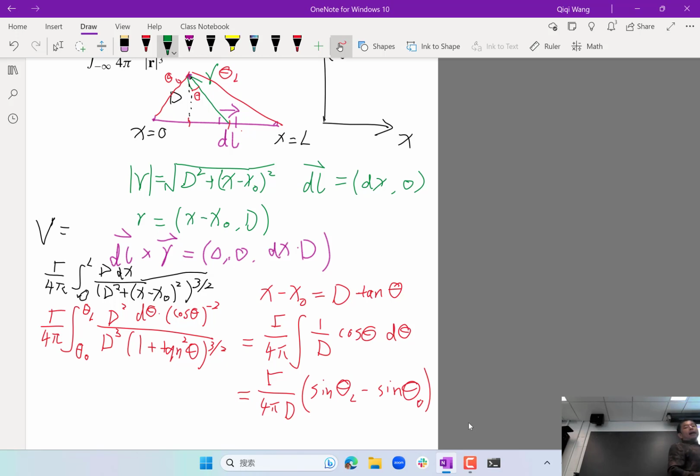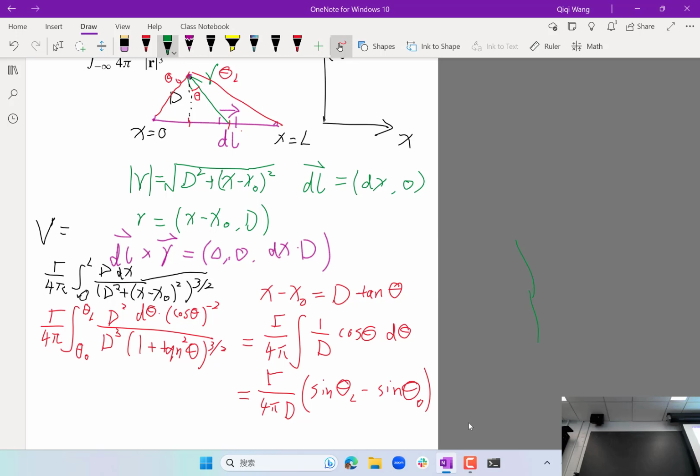Another thing you learned in Unified is the velocity field induced by a semi-infinitely long vortex. That's used in calculating the induced flow on a finite wing. So basically, the trailing vortex goes behind the airplane to infinity. What that corresponds to is theta L again equal to pi over 2, but theta naught equal to 0, which means the vortex starts over here.